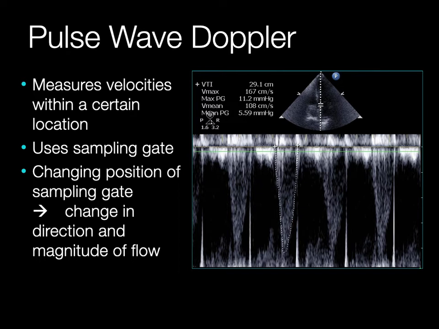In this particular image, we have our sampling gate for pulse wave Doppler set at the aortic outflow tract in an apical 5 view, and we are looking at the flow of the blood as it goes through the aorta on its way from the left ventricle, through the aortic valve, out into the ascending aorta. We can also use this to measure the velocity of tissues as they move with ultrasound.